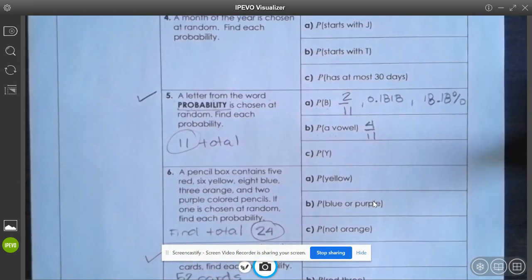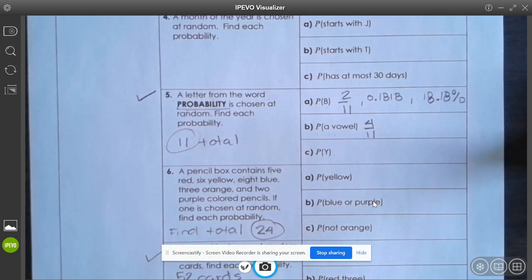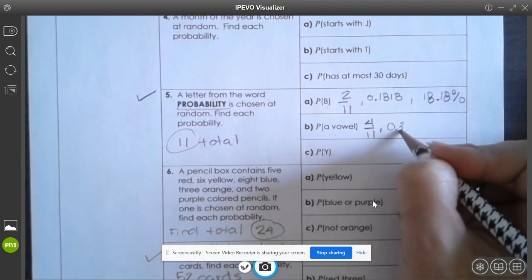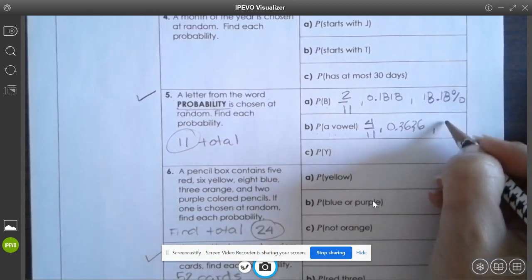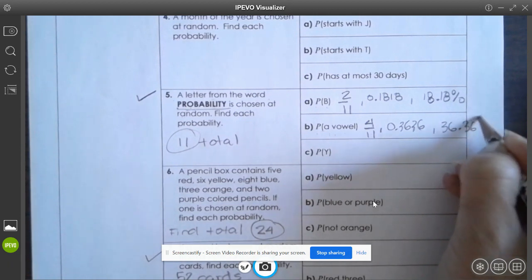Now 11 works really nice because 11 is a prime number, so it's really hard to simplify more than that. So 4 divided by 11 would be 0.3636, and then times 100, that is 36.36%.